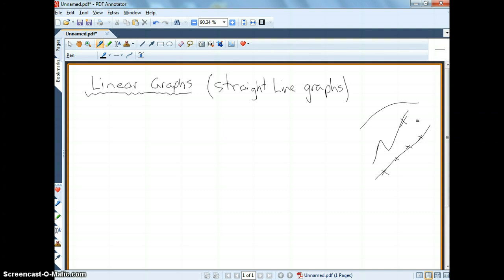The form that a straight line graph is usually written in is y equals some x's, say 2 of them, plus or minus a number.